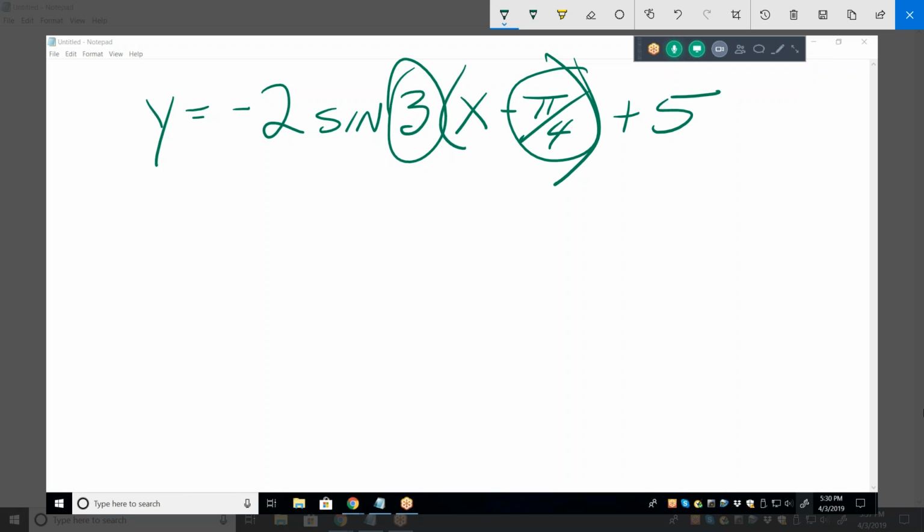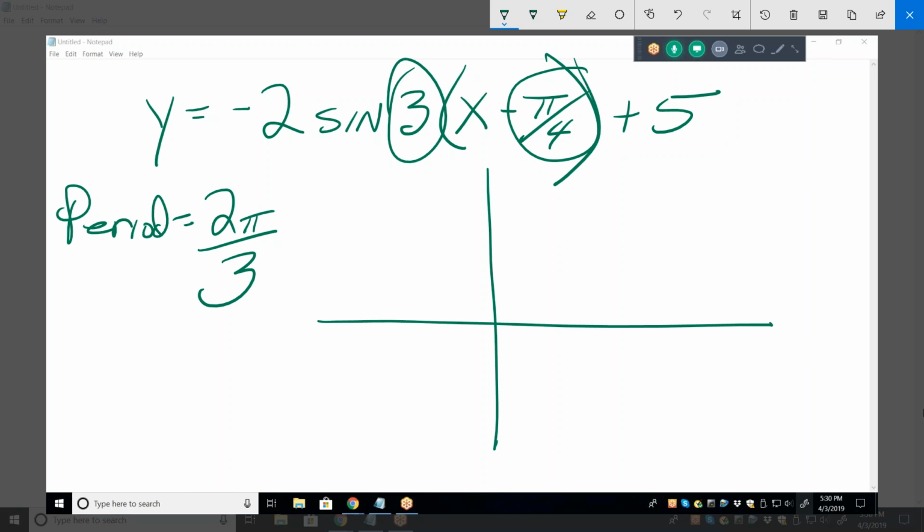What's my period? It's hard to go wrong by starting off with period. 2 pi over 3. Good. So if I'm going to graph this thing, minus pi over 4 is a phase shift in which direction? To the right.